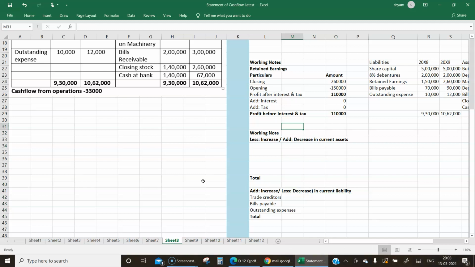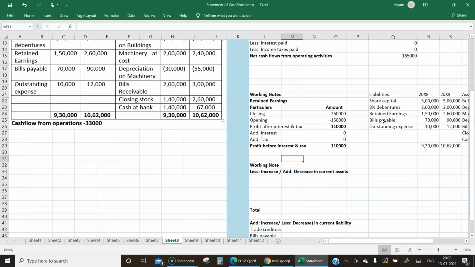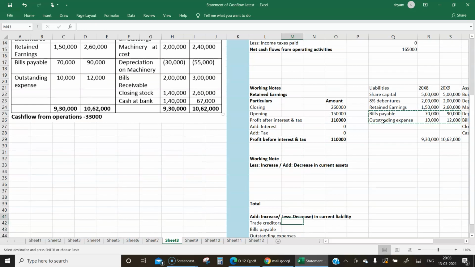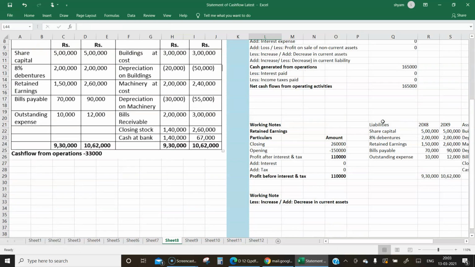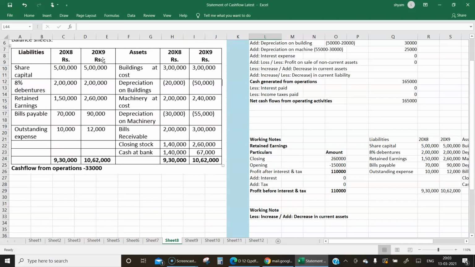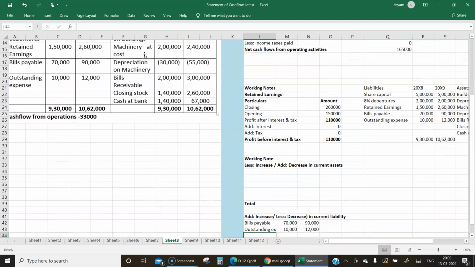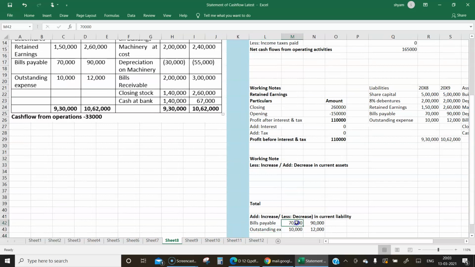Okay, let's fit. So we have two items as current liabilities. So first I think we'll put them. Okay, so when compared to last year, it has increased or decreased this year. So when compared to last year, the current liability has increased.